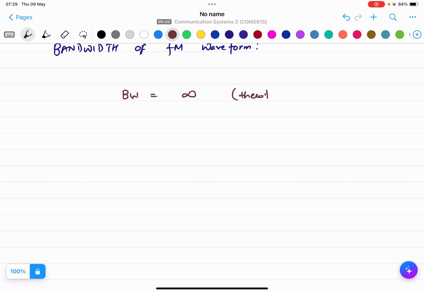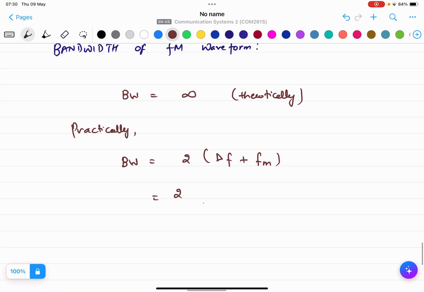So practically, bandwidth equals 2 times (delta f plus fm). Let us take delta f common. So it will be 2 delta f times (1 plus fm over delta f), right?